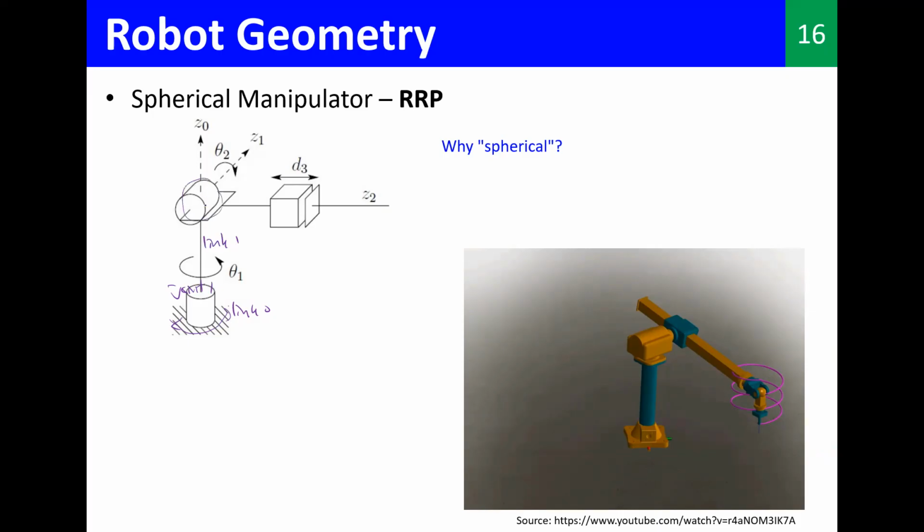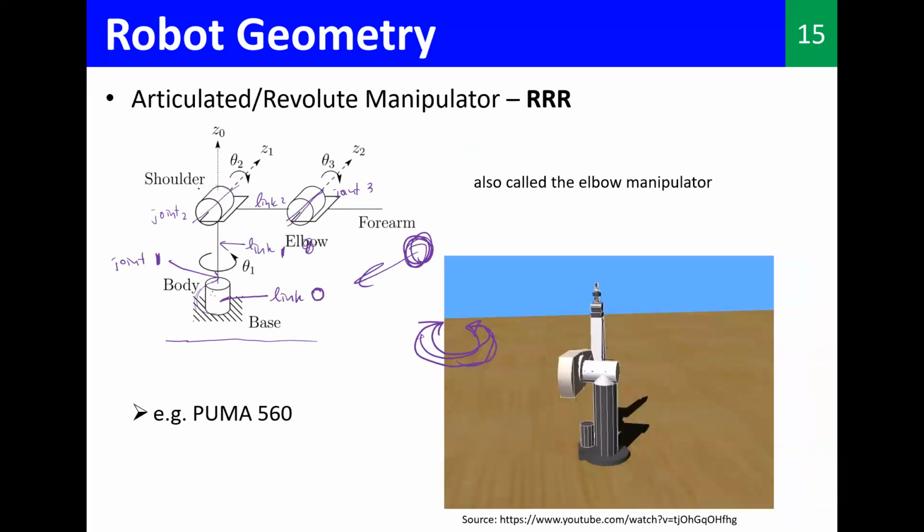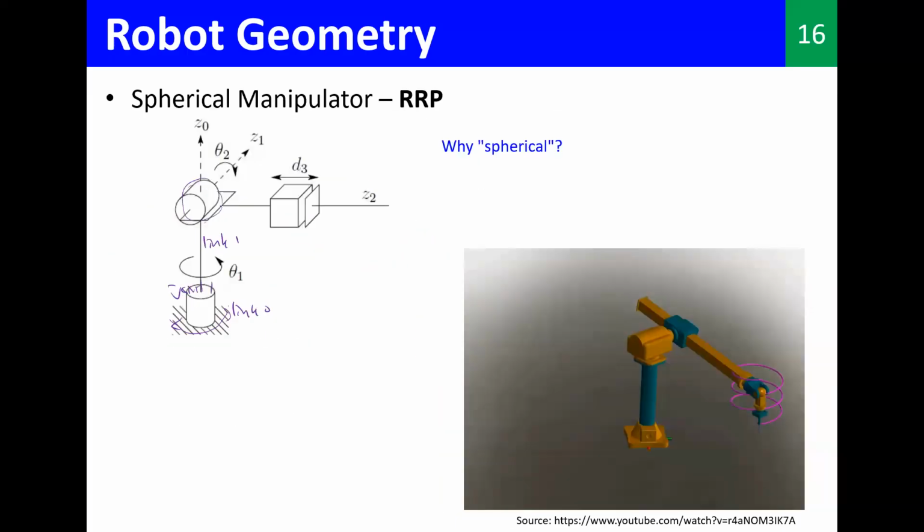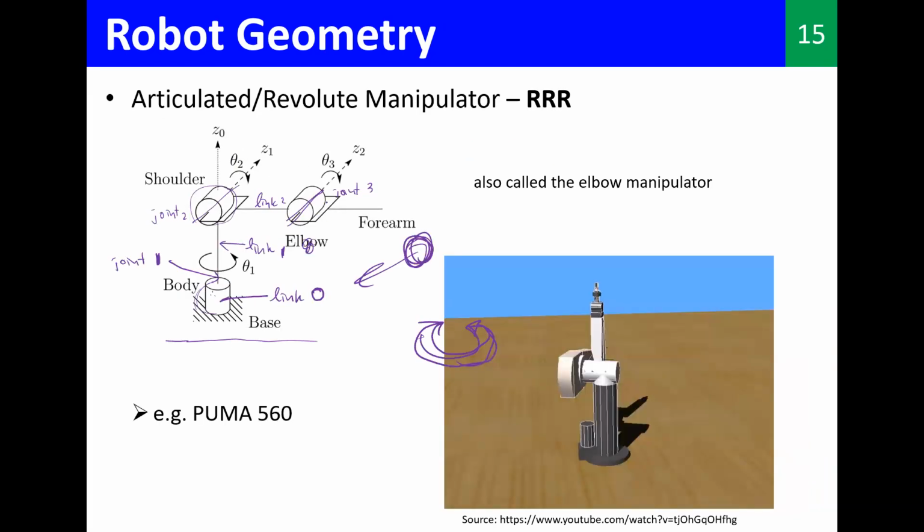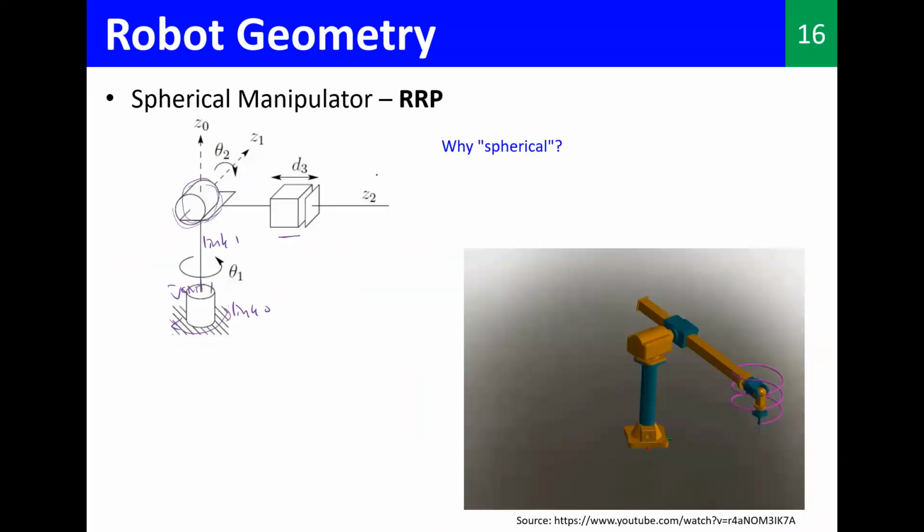Now this one, if we look at the previous one, is again the same. But the third joint is a prismatic joint in this case. Previously we had a revolute joint. Here we have a prismatic joint. So that's the difference in the spherical manipulator.